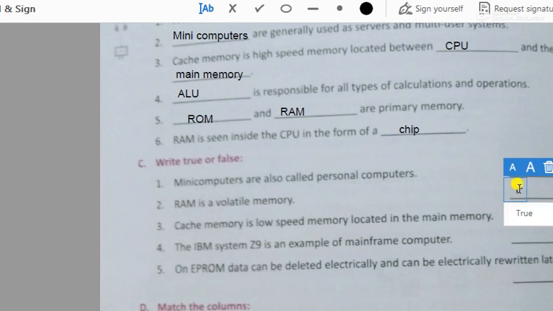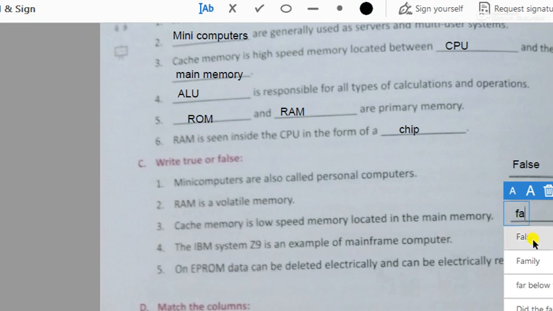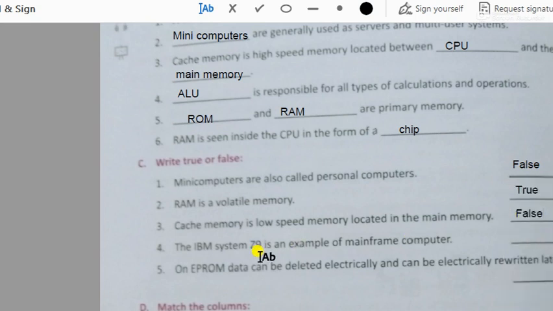Yes, it's true. And cache memory is low speed memory located in the main memory. Of course, it is located in the main memory, but it is high speed, so it is false. The IBM System Z9 is an example of a mainframe computer. Yes, it is true.